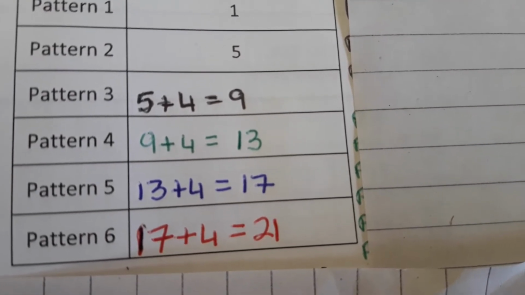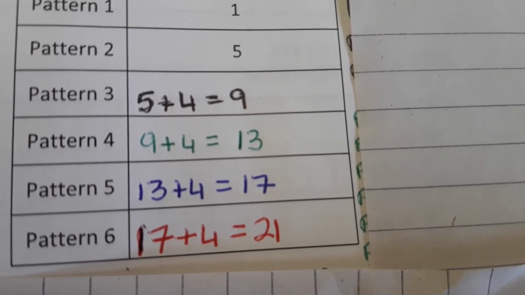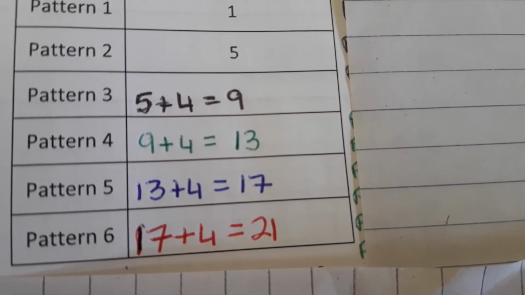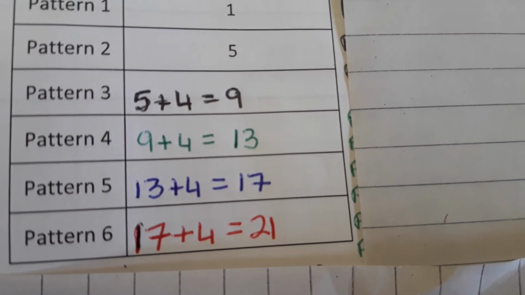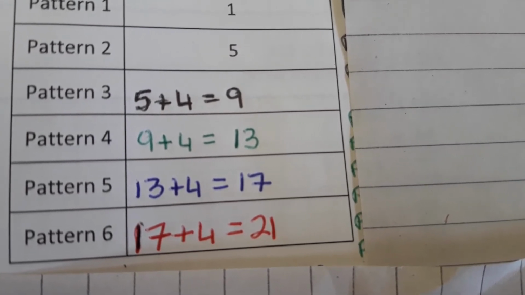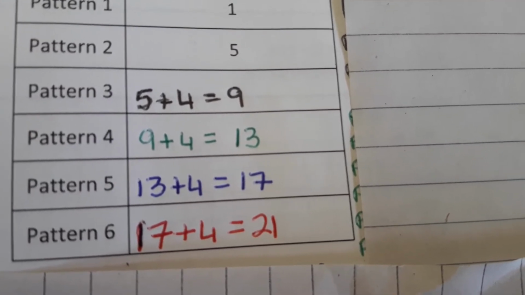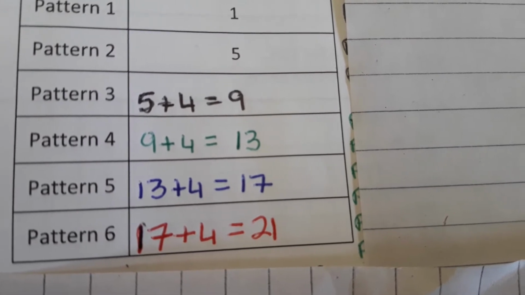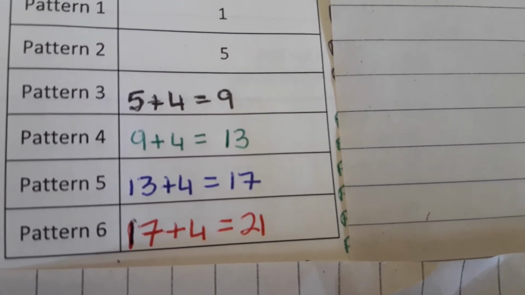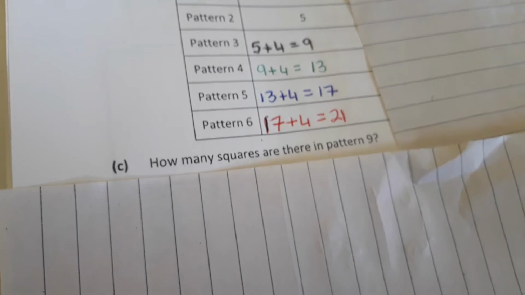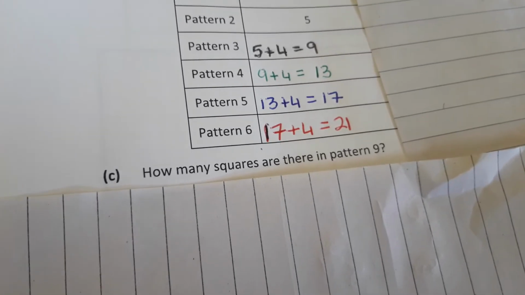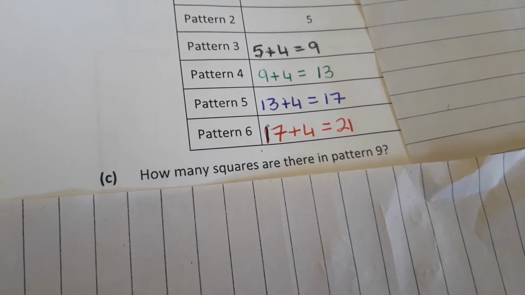Then to get the next pattern, you take pattern 4, which has 13, and add 4 to get 17 for pattern 5. And then to get pattern 6, you take pattern 5, which is 17, and add 4 onto it, and you get 21.